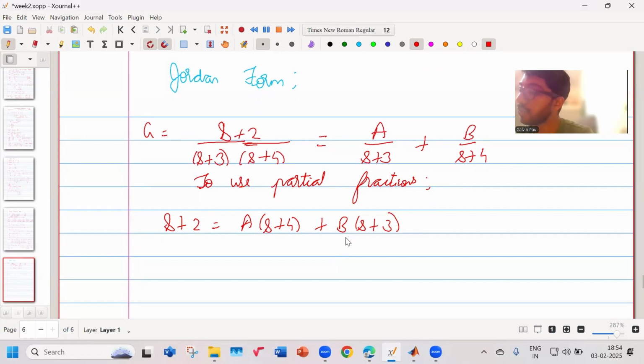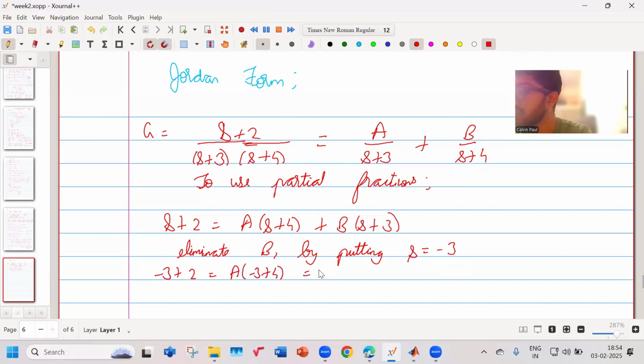So what do we do? We first eliminate b. How do we eliminate b? We eliminate b by putting s is equal to minus 3. So minus 3 plus 2 is equal to a into minus 3 plus 4, which is a. So we get a is equal to minus 1.